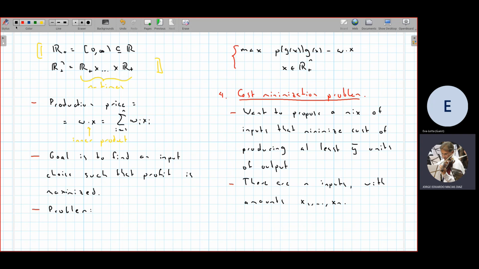And in this case, again, g is going to be the production function, a function that goes from R plus n into R.